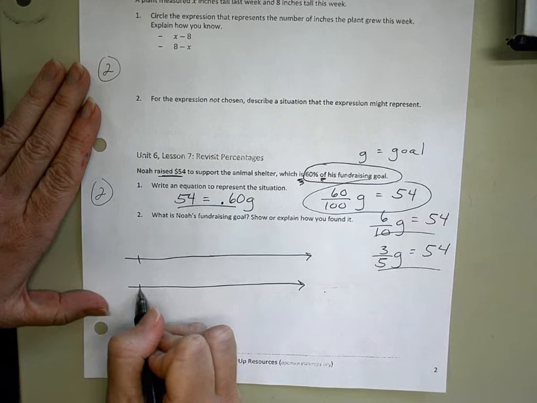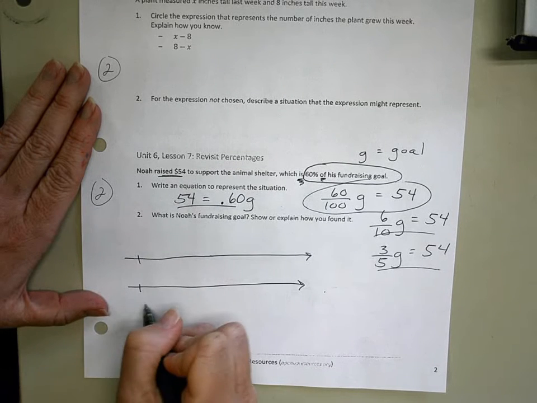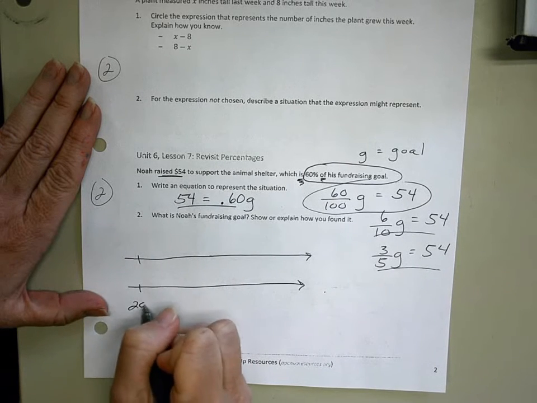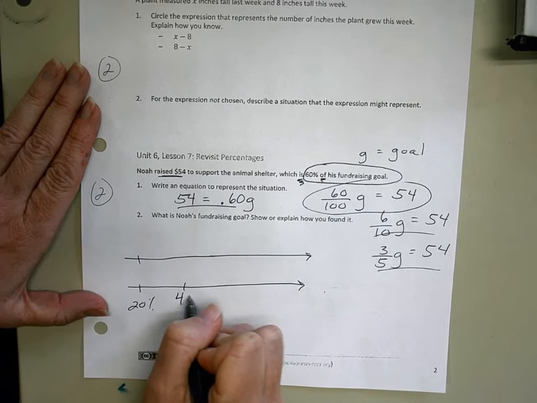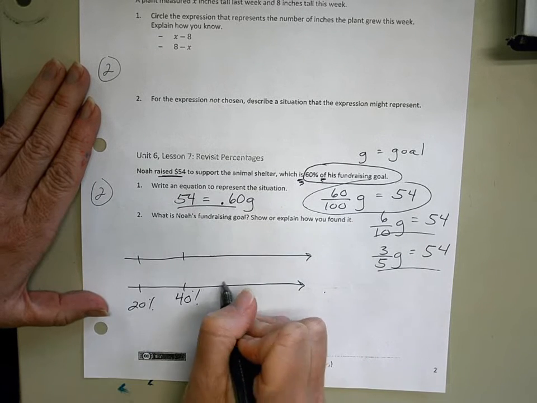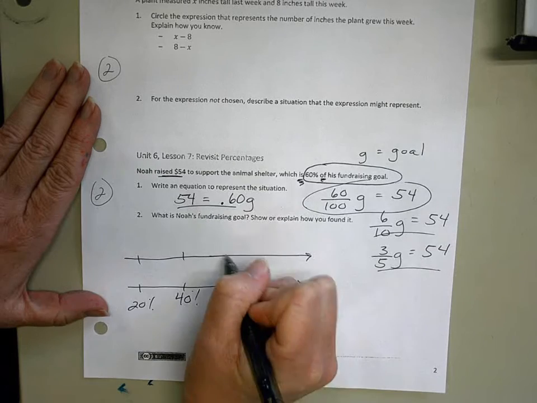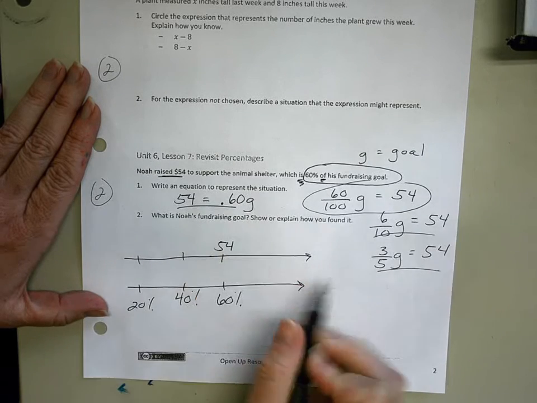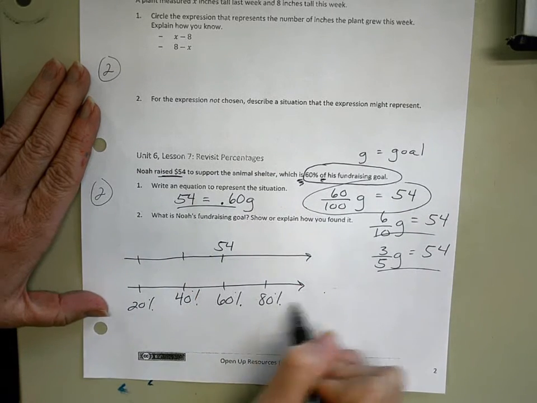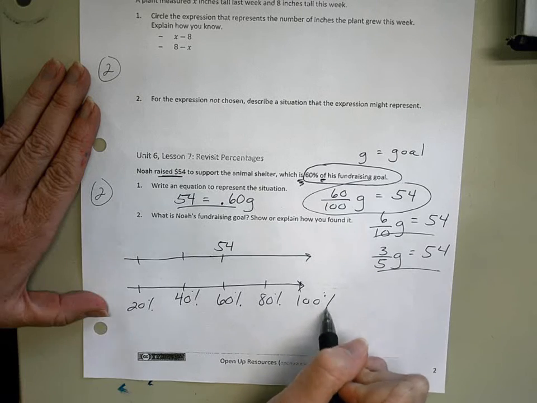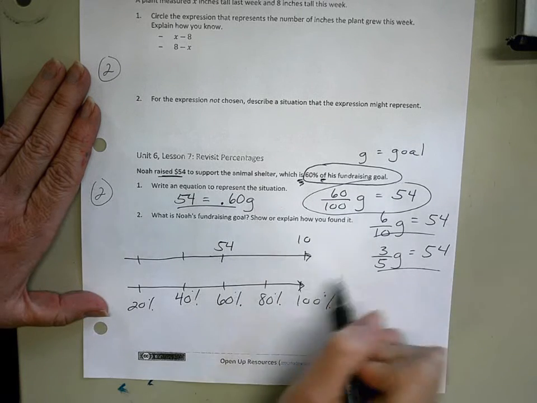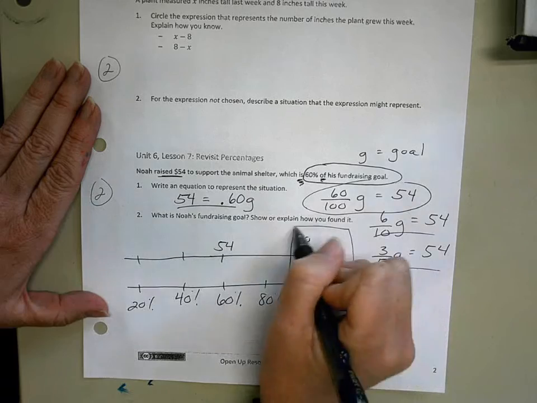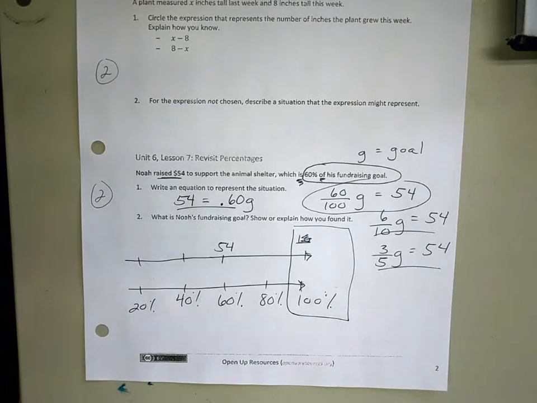So if I'm going to do that, I'm going to have my 20% and my 40% and my 60%, which we know is $54, 80%, and then of course what we're finding here is our 100%, which is not 100, Ms. McPhee.